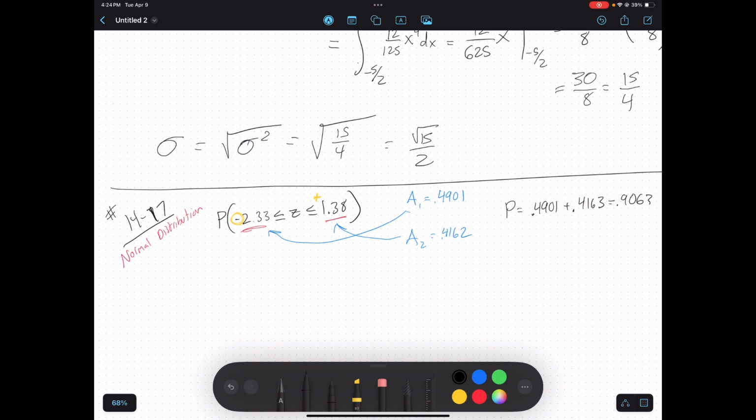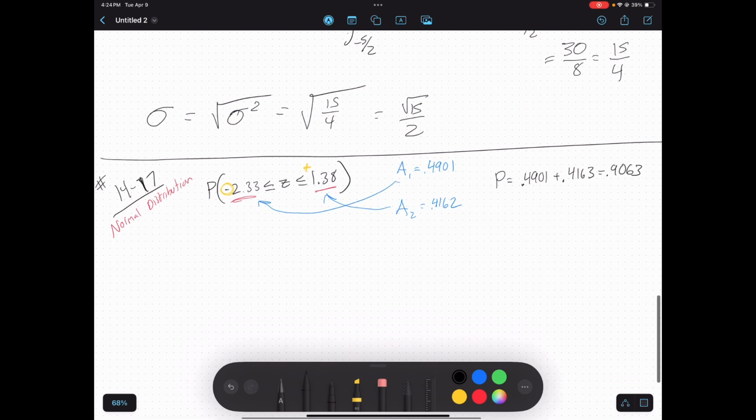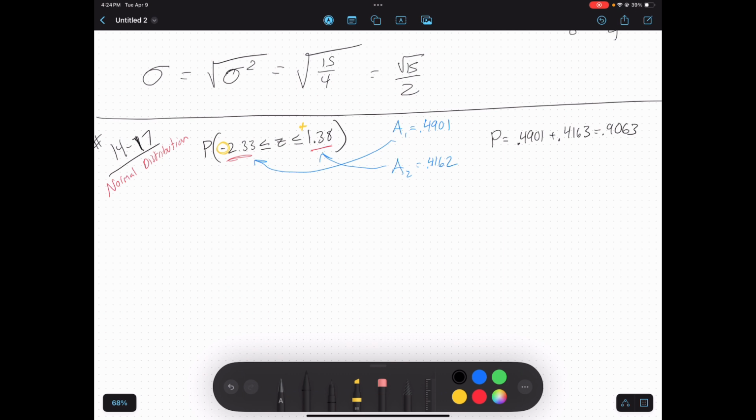If you're not sure why I did that, or why we add here, draw yourself a picture. And it makes a little bit more sense. If I were to draw a picture of this, there's my normal distribution curve. Remember, this middle is your median, and that's what your areas are all relative to. Here's your negative 2.33.